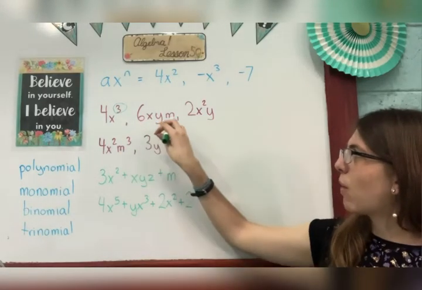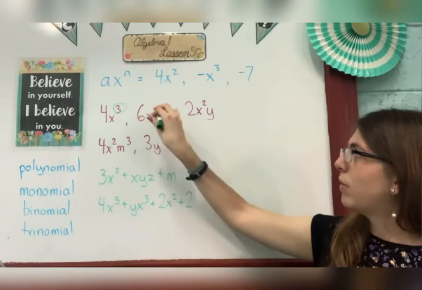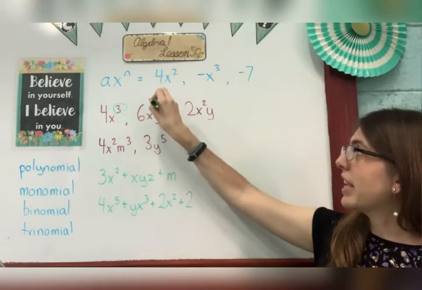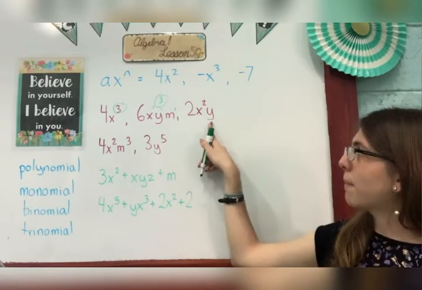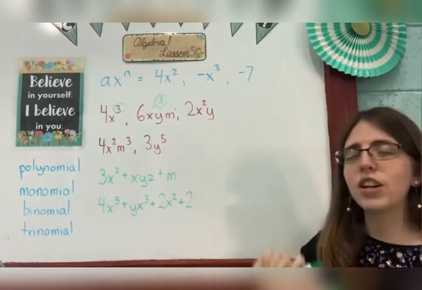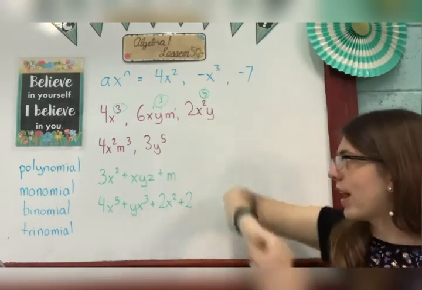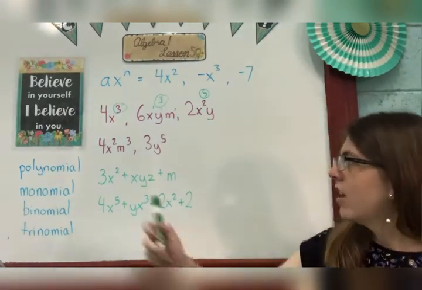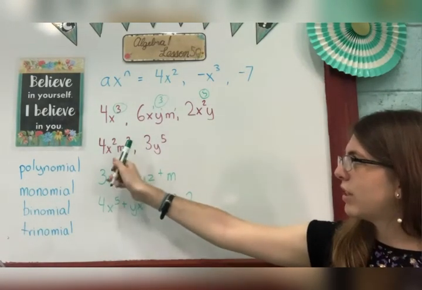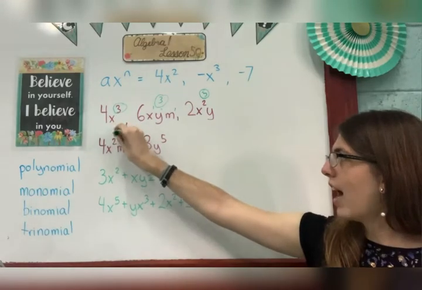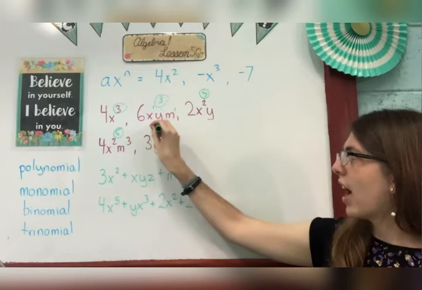For 6xym, each of their exponents is an understood 1. 1 plus 1 plus 1 is 3, so it has a degree of 3. Here you have 2x^2 plus y. Y has an understood exponent of 1, so 2 plus 1 is 3. So it also has a degree of 3. Here I have 4x^2 and 3. 2 plus 3 is 5, so it has a degree of 5. Here I have 3y^5, so it also has a degree of 5.